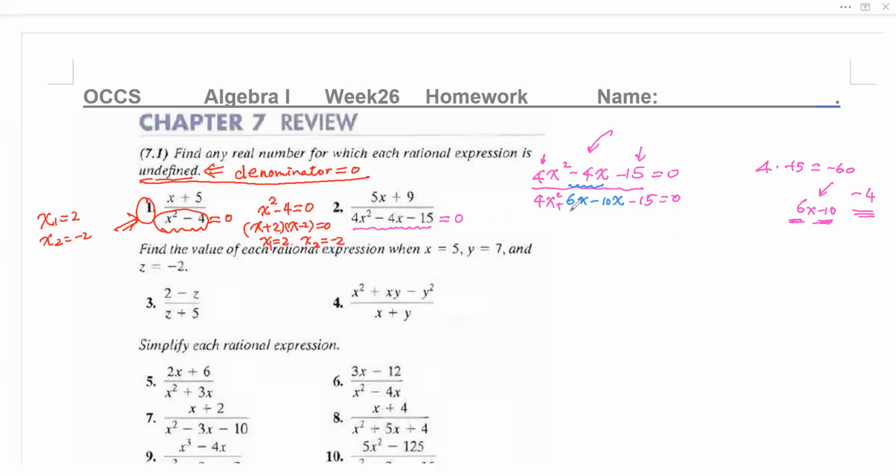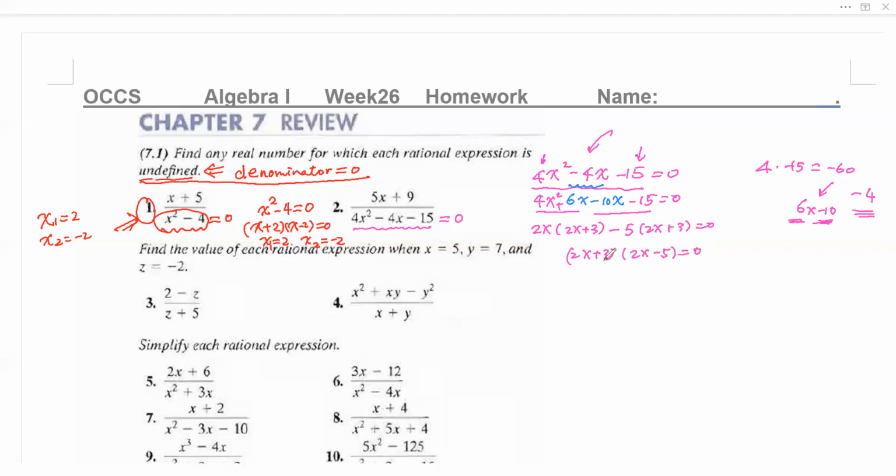So we can easily factor this part. Use the group factor method, right? You can get 2x out of here, the rest is 2x plus 3. The second group, -5 times 2x plus 3. So group factor here, and we take this common factor out.